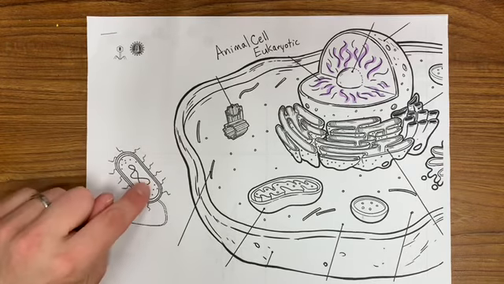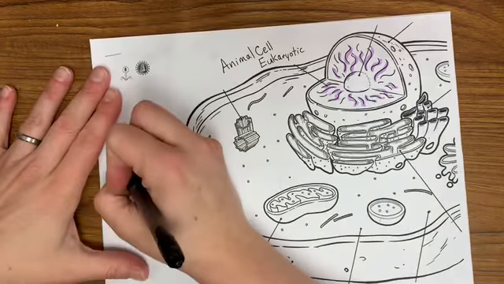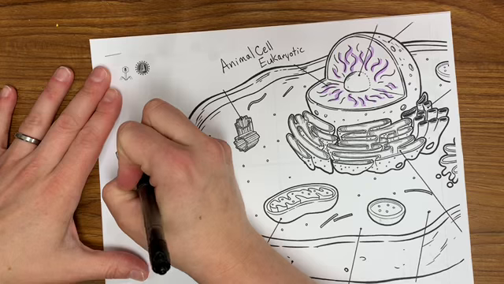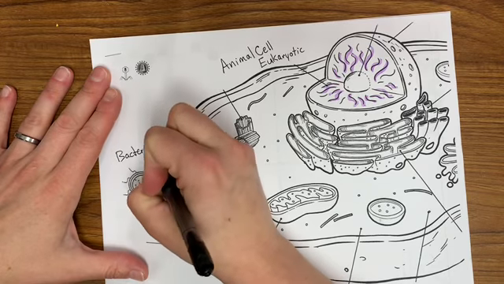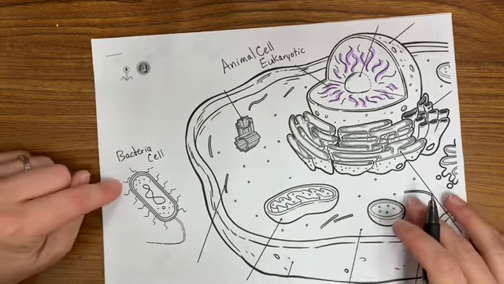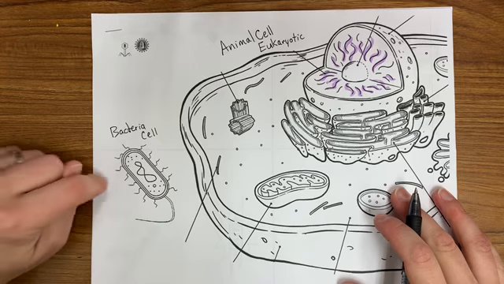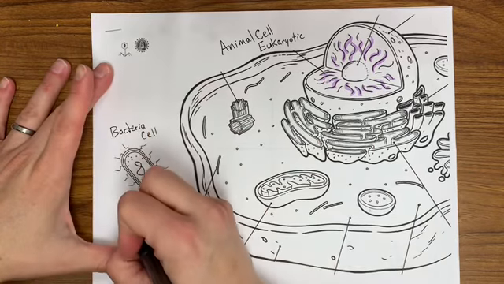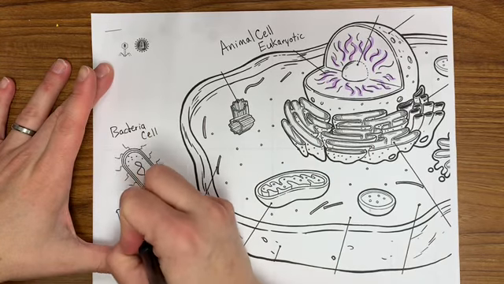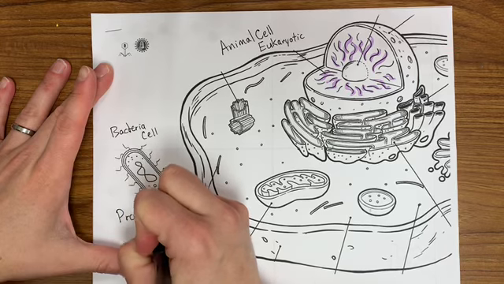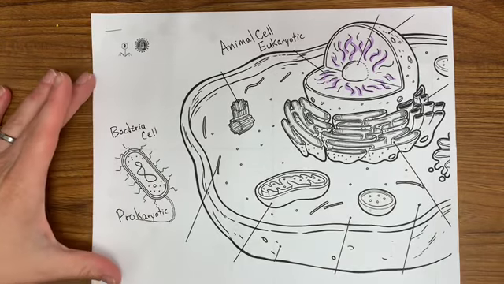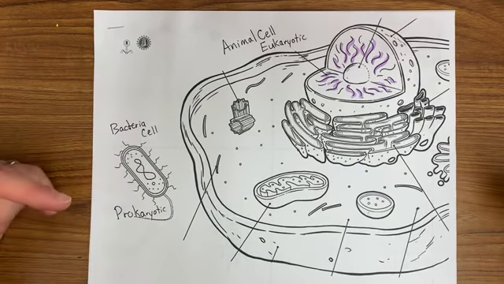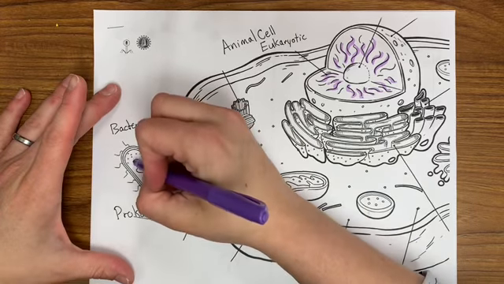Now, less complex cells. Over here, we have a bacterial cell. Una célula de bacteria. Bacterial cells are less complex, menos complejos. They are prokaryotic. Now, they also have DNA.